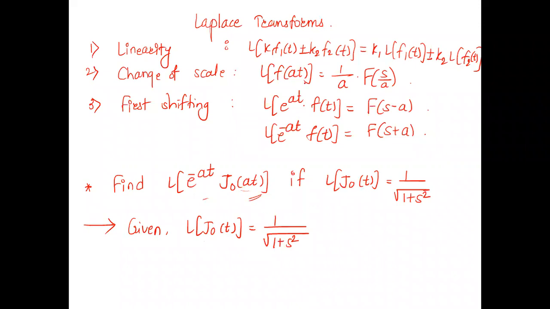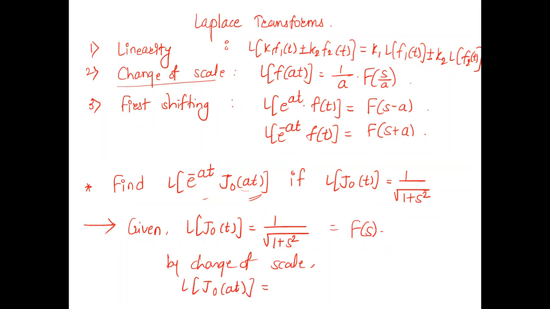Like f of t to f of at, the property is change of scale. Laplace of f of t, whatever j naught is, we call f of s. So first we apply change of scale. That is Laplace of j naught of at. What will it be?